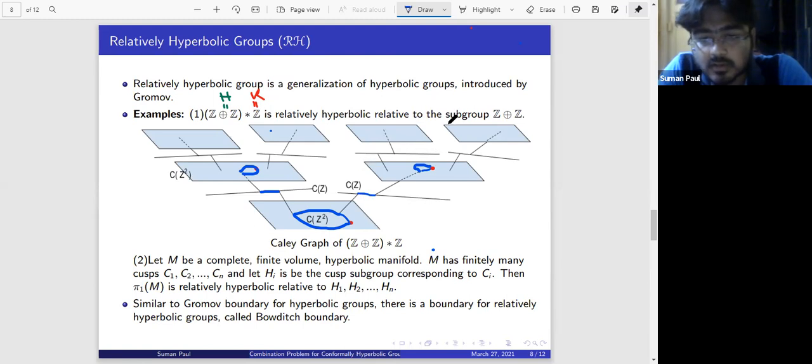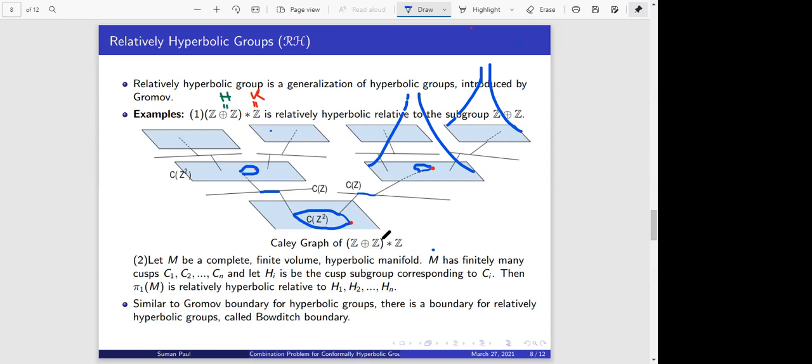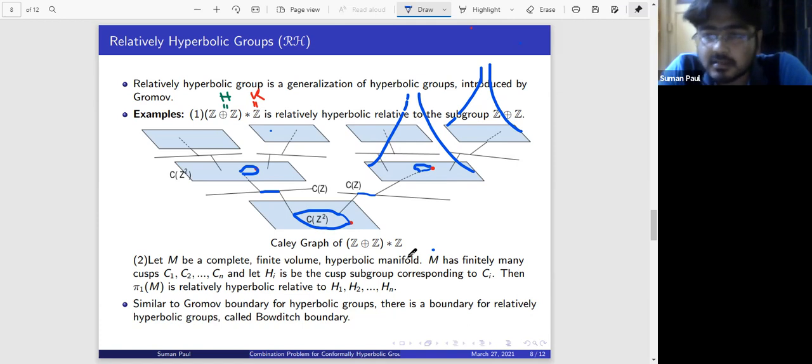So basically, you are attaching something like this. Then the new space is hyperbolic. And the Cayley graph will be sitting inside that new space. I see. Yeah, that space is called the augmented space, defined by Groves and Manning.